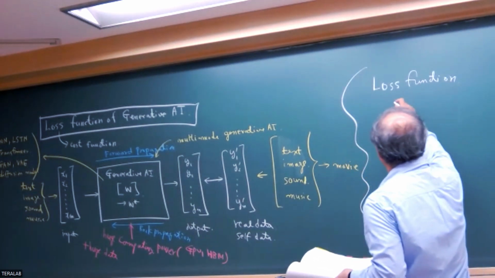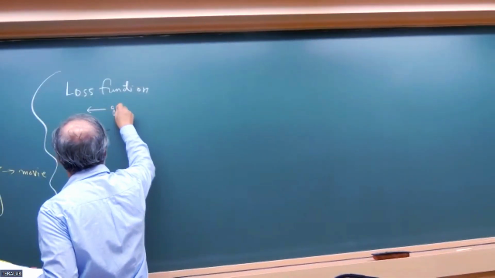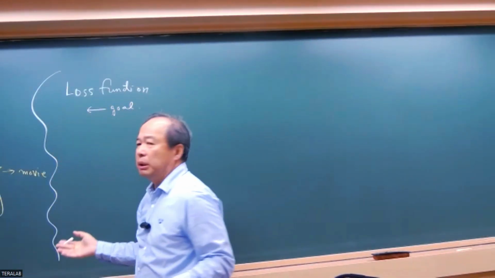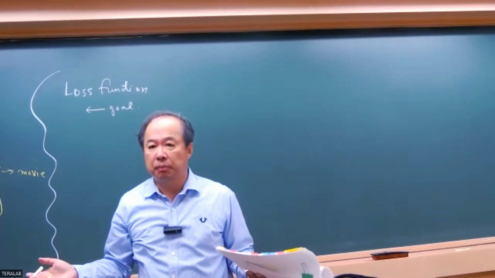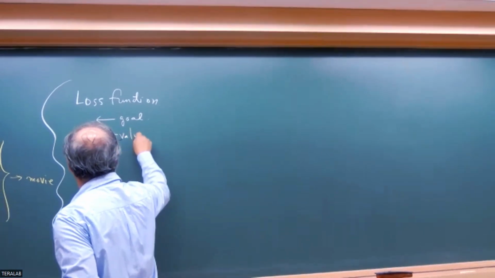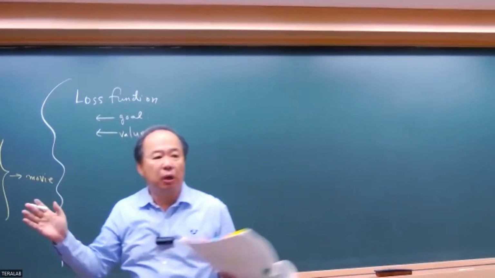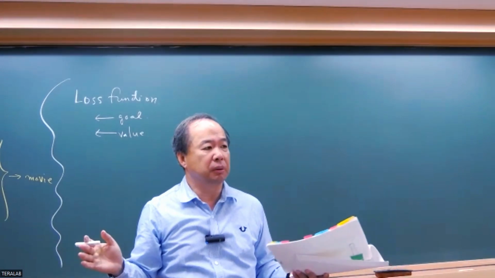This loss function will be determined based on your goal. What is your goal? Depending on your goal, you may have different loss functions. And also you may have different values. Depending on the value of your generative AI, we define different loss functions.